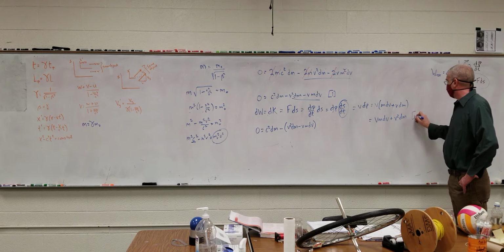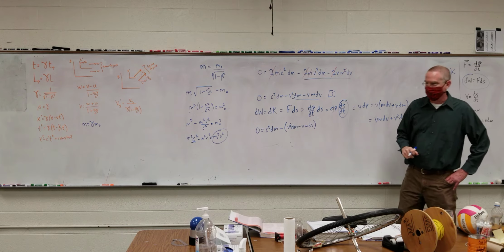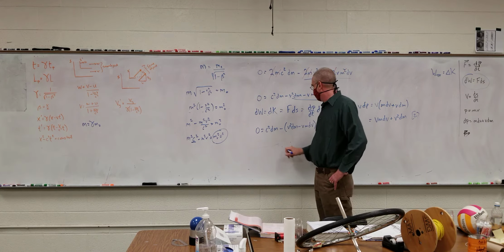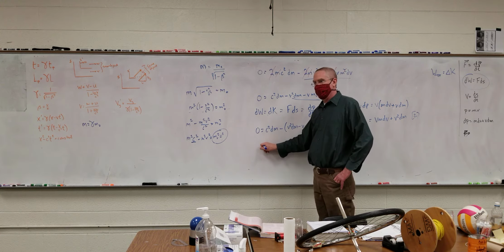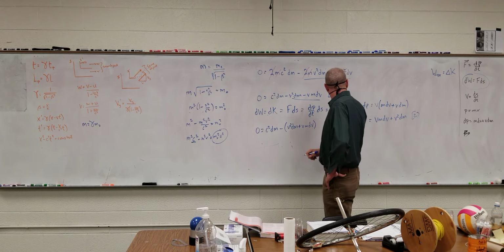So basically I'm taking my equation 2 and I'm going to plug it into my equation 1. It should be a plus sign. Oh yes, thank you. Make sure that matches up over there.